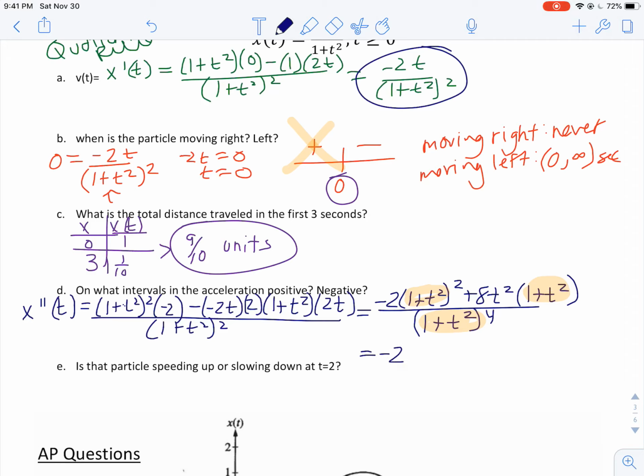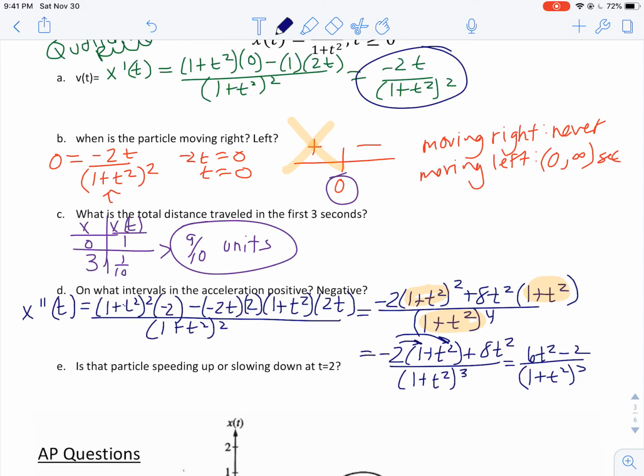So that's going to be -2, 1 plus t squared to the first power plus 8t squared. That will just cancel out, and then it's going to be over 1 plus t squared to the third power. Then you can just distribute and simplify your numerator. So that's going to be 6t squared minus 2 over 1 plus t squared cubed.